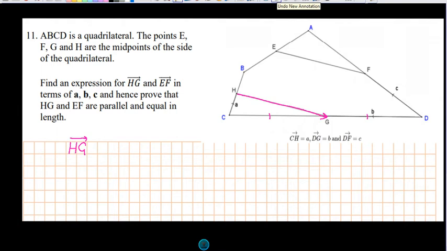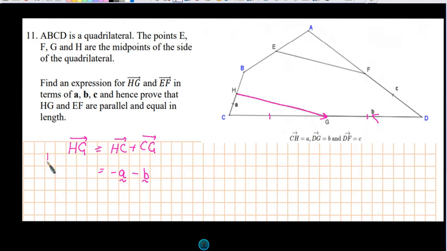What do we know in terms of A, B, C, and D? Would we agree that HG is going to be HC plus CG? HC is going to be negative CA, which is negative A. Agreed? What's CG? Midpoints. So B is going that way, so that would be minus B. Agreed? You've got 1 mark.